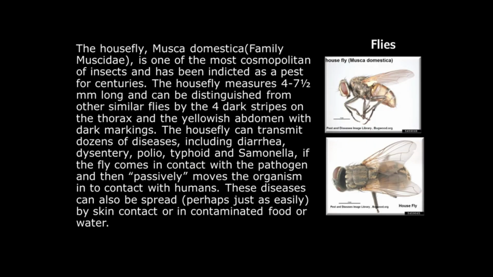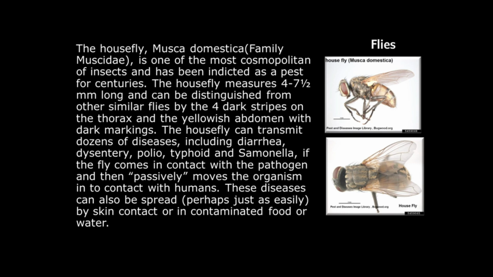The housefly Musca domestica, family Muscidae, is one of the most cosmopolitan of insects and has been indicated as a pest for centuries. The housefly measures 4 to 7.5 millimeters long and can be distinguished from other similar flies by the 4 dark stripes on the thorax and the yellowish abdomen with dark markings.